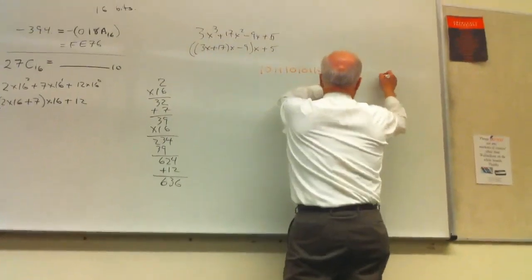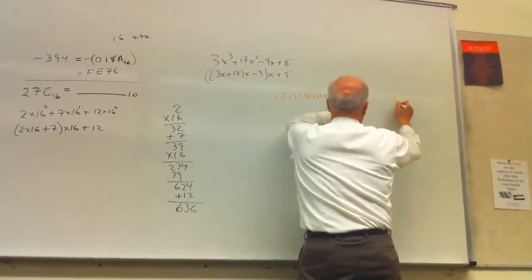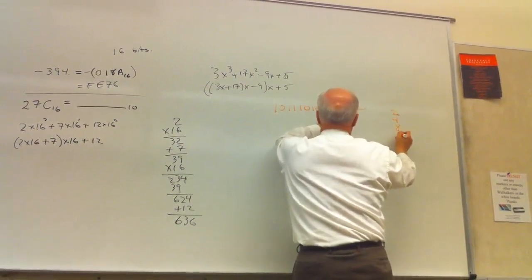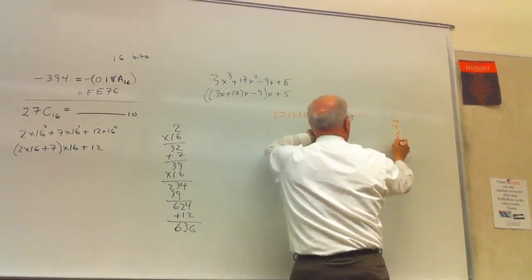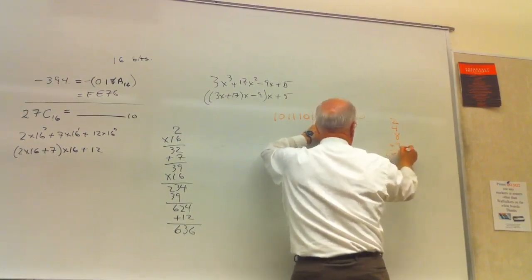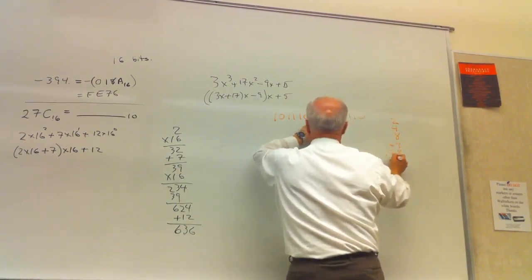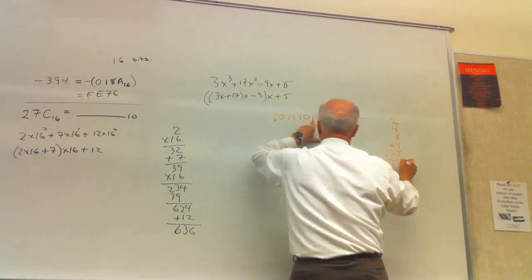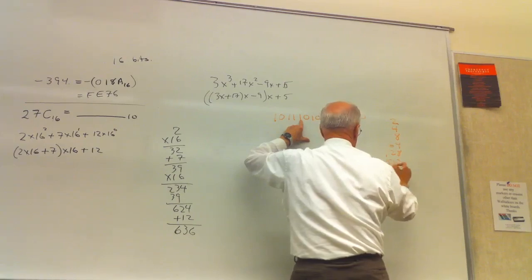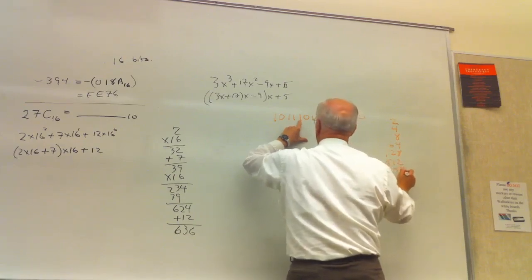We've got 0, we've got a 2. 2 squared is 4, 2 to the third is 8, 2 to the fourth, 5th, 2 to the 6th is 64, 2 to the 7th is 128, 2 to the 9th is 512, 10th is 1024, this is 2048.